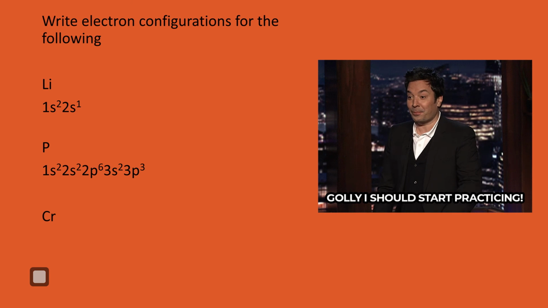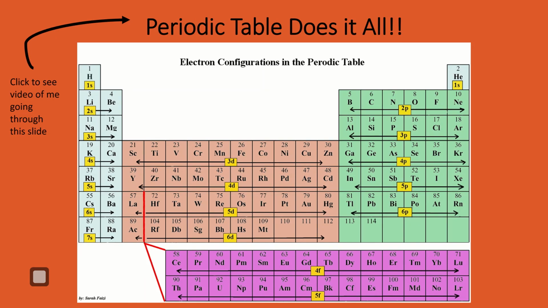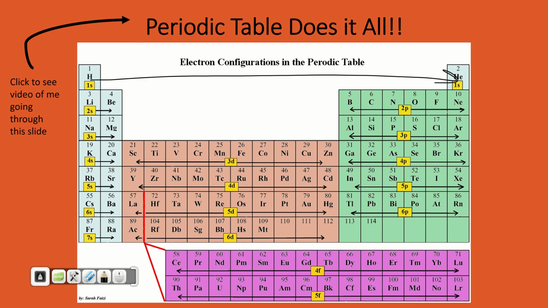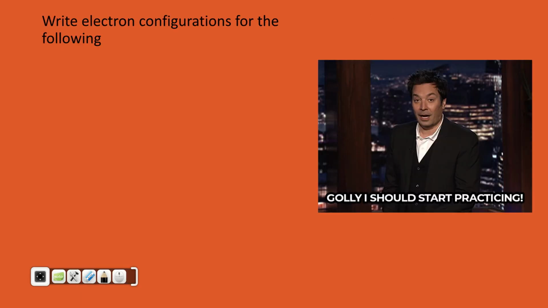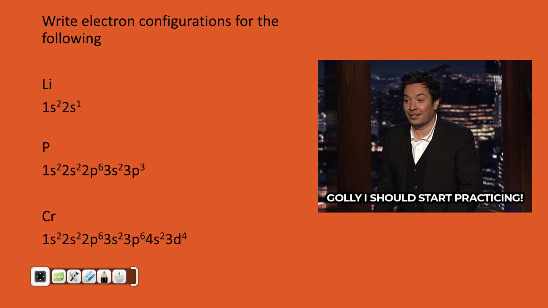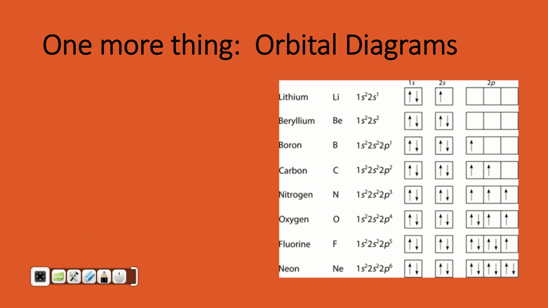Chromium, I will actually go back just to show that one. Chromium would be 1s2, 2s2, 2p6, 3s2, 3p6, 4s2, 3d4. And that's what we got, so 3d4. So there you are. Okay?